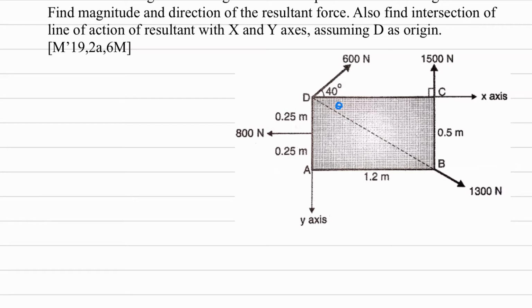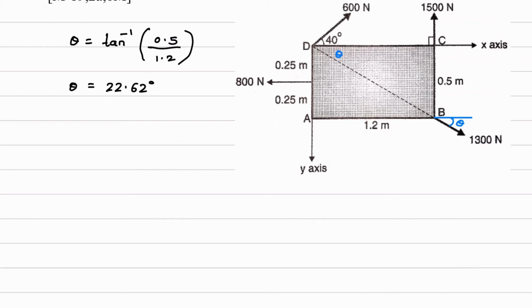Theta will be equal to tan inverse, opposite side 0.5 upon adjacent side 1.2. So this theta we will get as 22.62 degree. Now this theta, here also you will have the same angle. This is also theta.